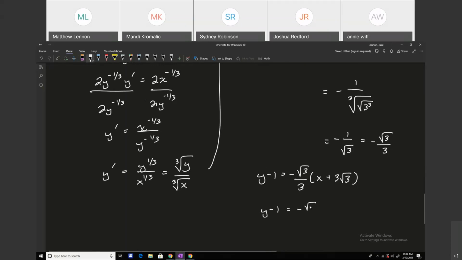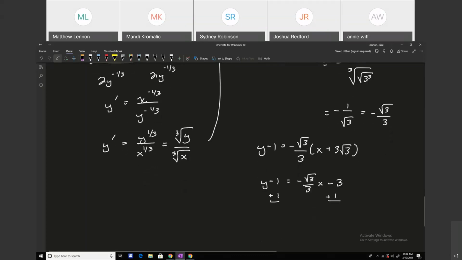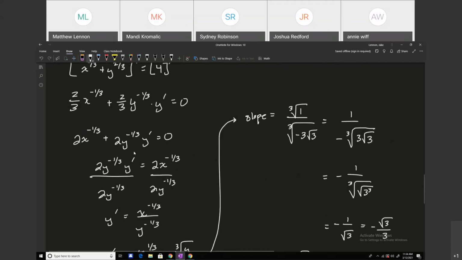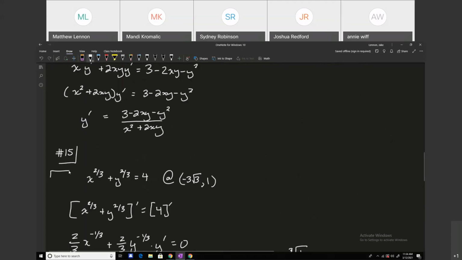So negative root 3 over 3 x. And then we're going to get minus, the 3's will cancel, and then the radical 3's will make that square root of 3 times square root of 3. So it's just going to be minus 3. And then you can add 1 to both sides. So you get y equals minus square root of 3 over 3 x minus 2. So maybe somehow I've done all the arithmetic properly and this actually comes out as the answer. We'll see.